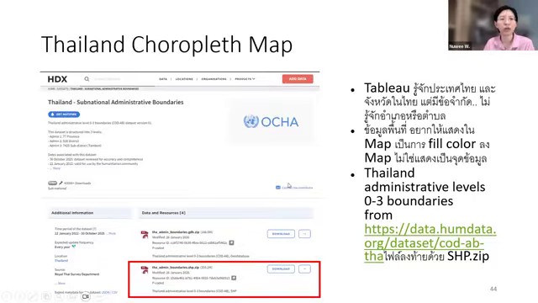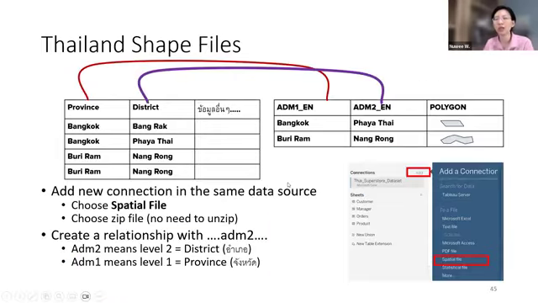Okay, so once you do this you need to join, or actually create a relationship, between the shapefile of Thailand and the orders table that we have. For example, on the left hand side is the orders table, and on the right hand side is the table from the shapefile.